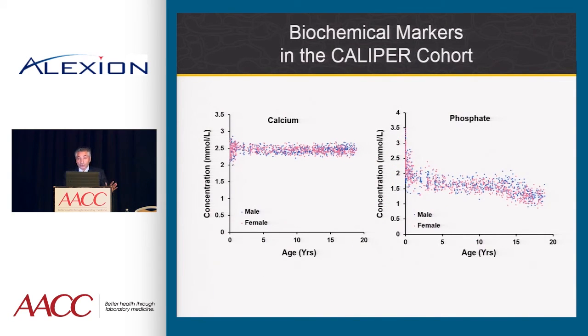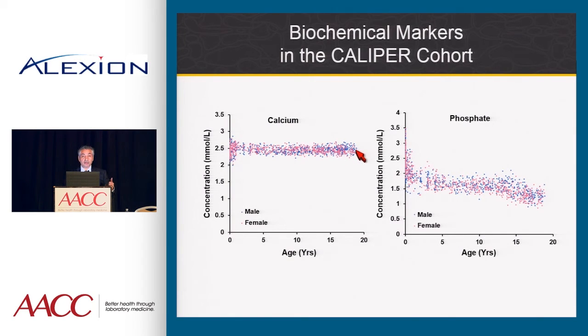Now, in this cohort, we have measured over 100 markers. Two other markers relevant to today's topic are calcium and phosphate. You can see calcium levels are very stable across the age groups. So we are born with a certain calcium level, and it's very stable.